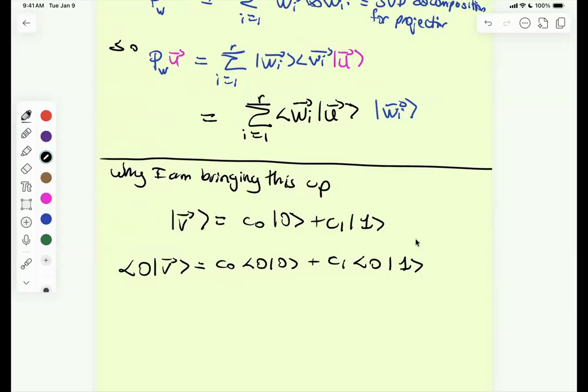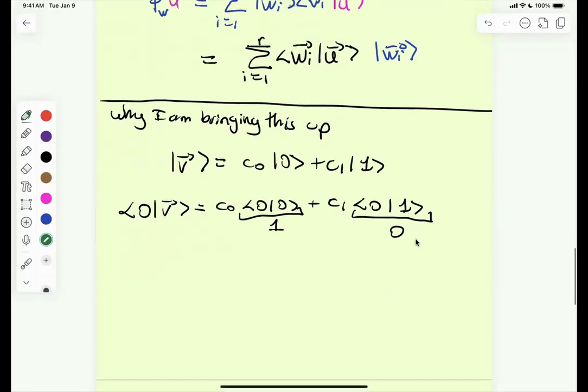This one gives you 1, because of what we were discussing, and this one gives you 0, because the vectors are orthogonal. So you can read off the coefficients from the dot products.